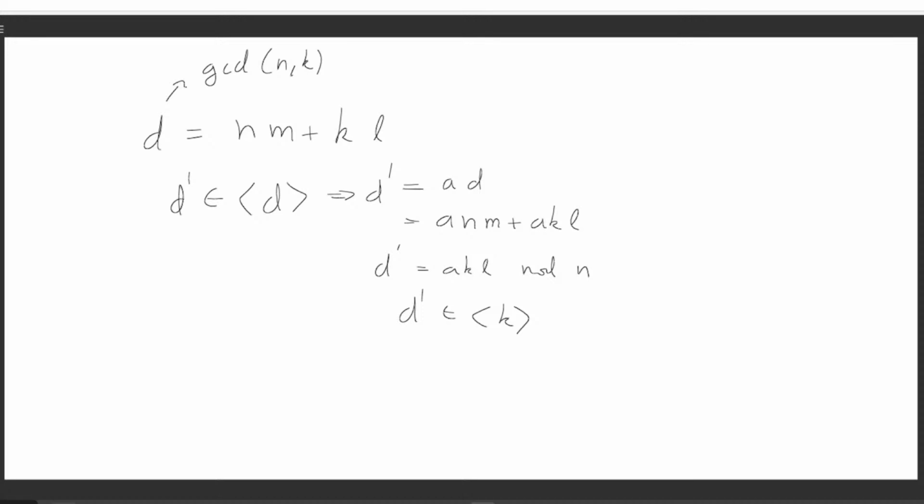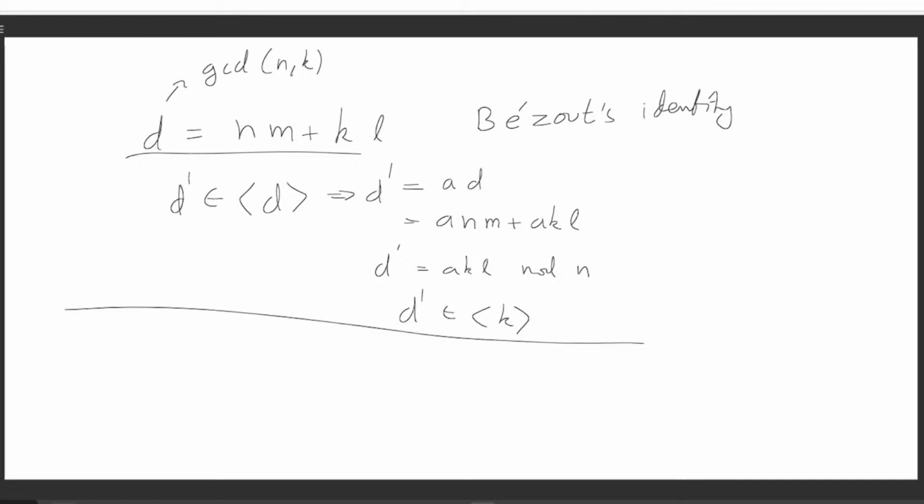Bezout's identity proof, you know. Do you know the proof? It is very simple because we already discussed it. So in this case, you're talking about the GCD of n and k. Again, we know that Z is cyclic.